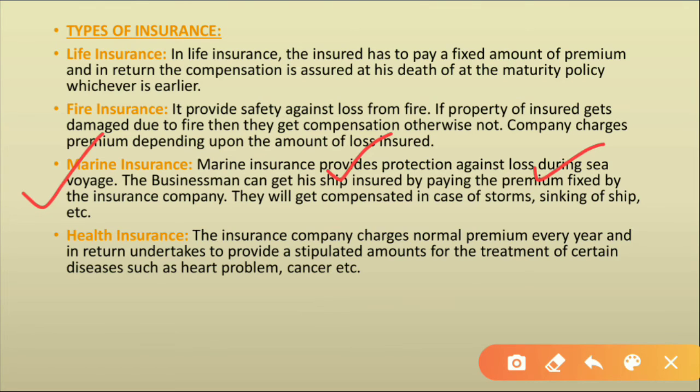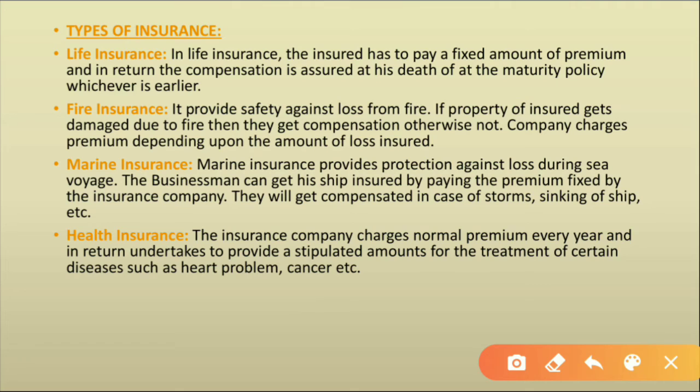Now, he will get the compensation only in case of storms, or if his ship sinks in the water, etc. So here he will get the compensation only if the reason is seawater. If due to storm or due to sinking he has suffered loss, then he will get the compensation, otherwise not.